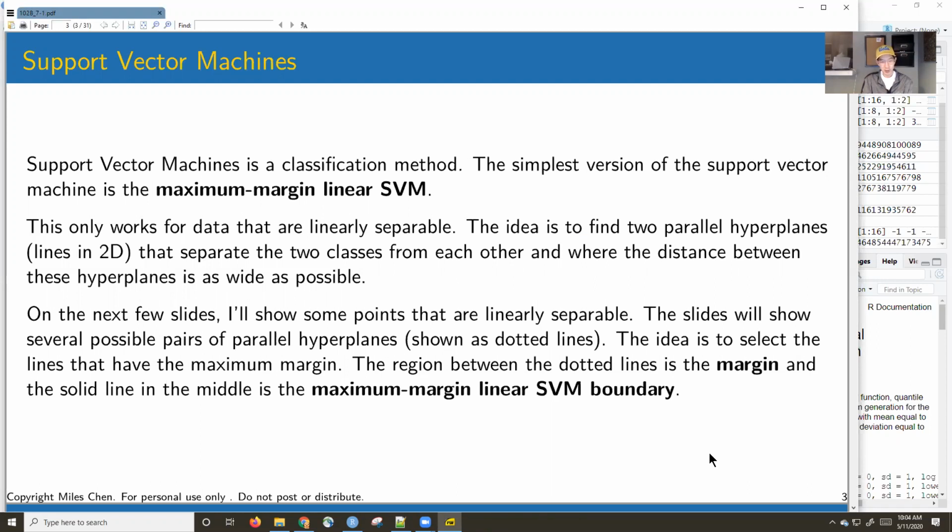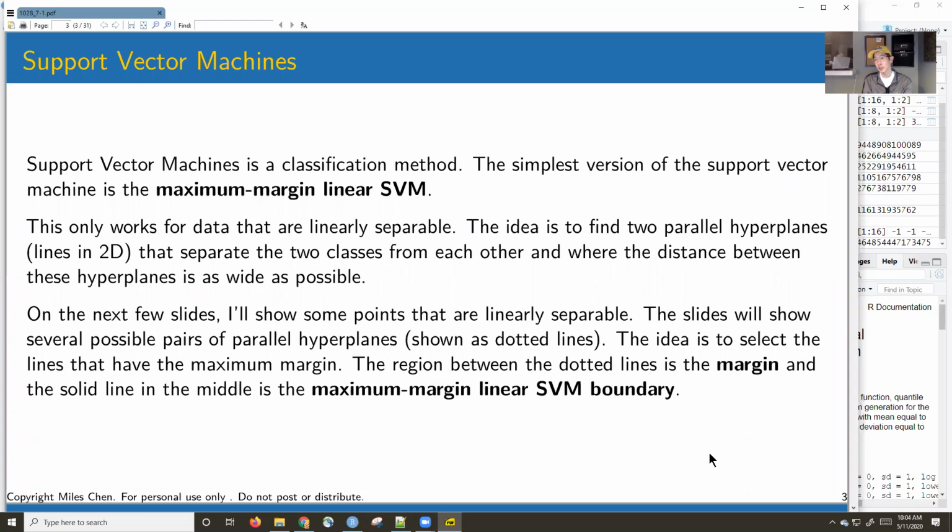Okay, so today I'm going to start off with the simplest version of the support vector machine, and this is known as maximum margin linear SVM. So what we're doing is we're going to find a linear boundary, and we're going to try to maximize the margin. And this is going to form the basis for which we can do more advanced support vector machines.